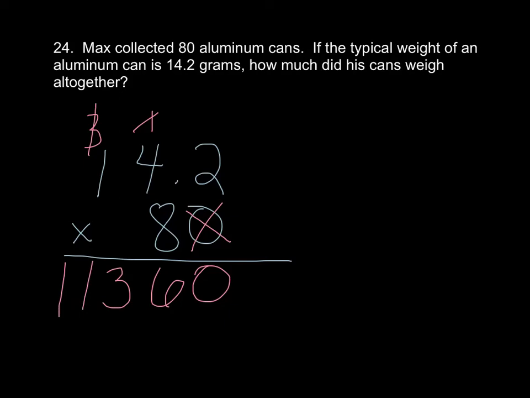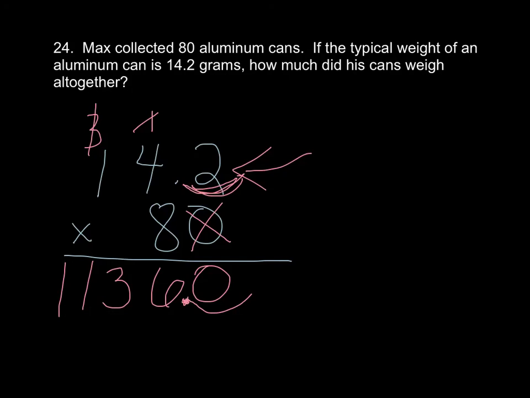Now, 14 times 80 is probably not going to reach such lofty heights as the number that we see here. So we have to pay attention to the decimal. The decimal here is one place, there's one digit to the right, and there's no decimal in the other factor. But that means I've got to move a decimal in one digit over.